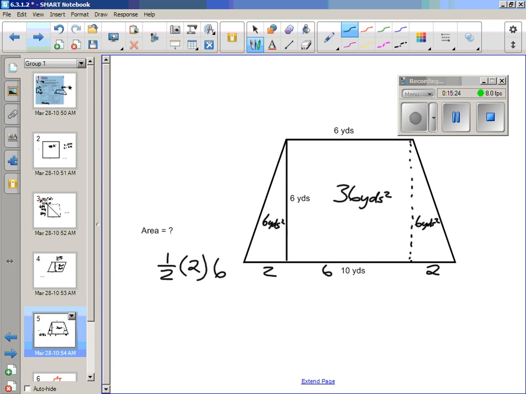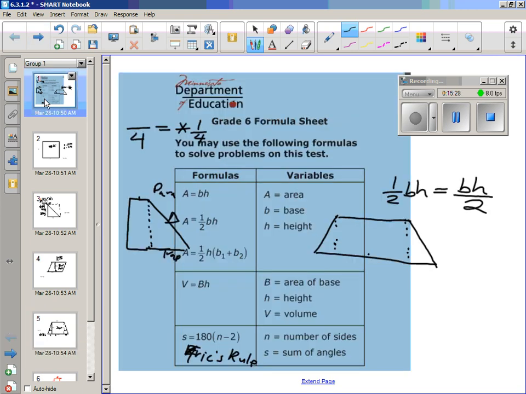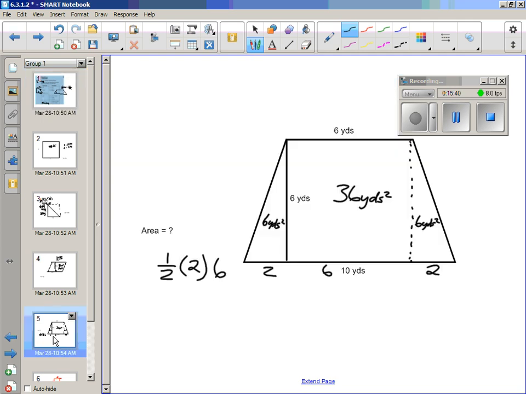There's another way to do this. And this goes back to this first formula right here. We take 1/2 of the height, and then we multiply that by the total quantity of base 1 and base 2. All right? So it doesn't matter which one we call base 1 or base 2. I usually call the one on the bottom base 1.